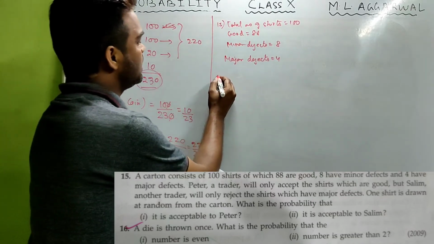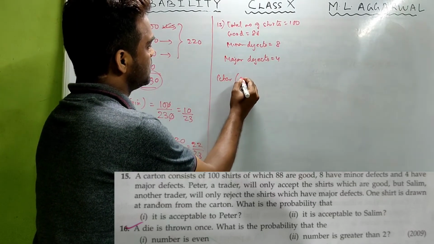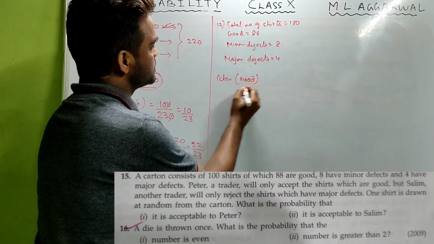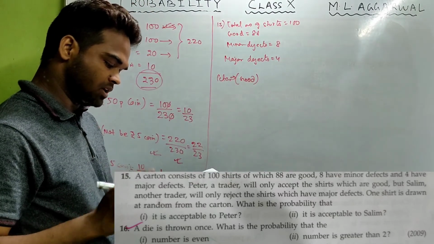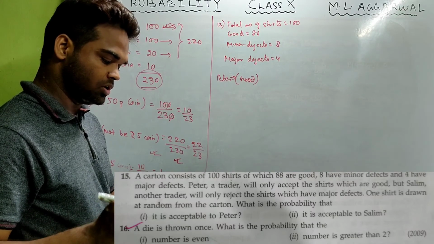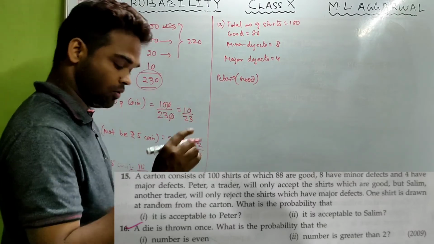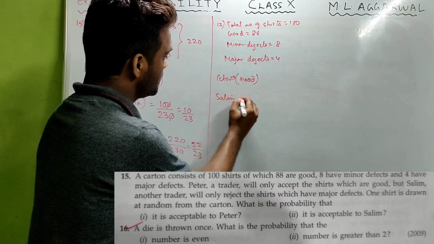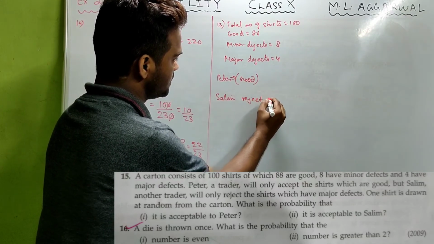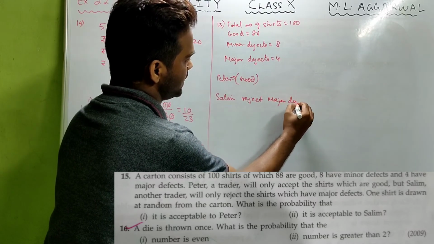So Peter will accept good shirts. Okay. Then Salim, another trader, will only reject the shirts which have major defect. So Salim rejects major defect.